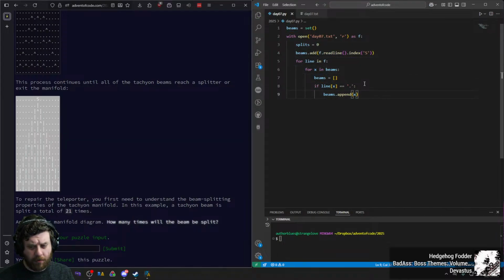Sets are more efficient just for lookup. If then new beams.